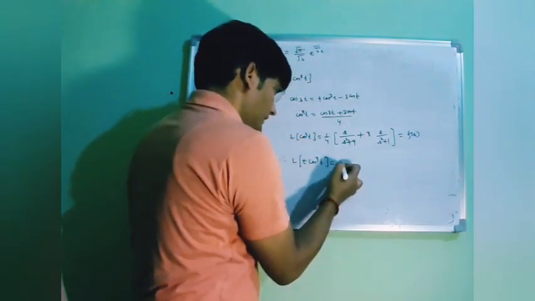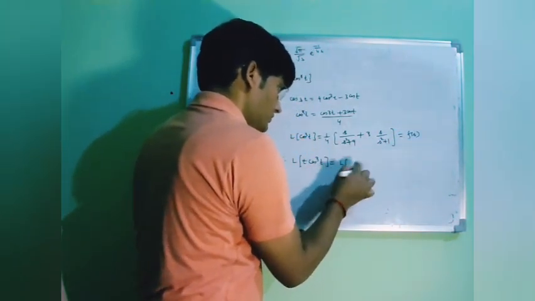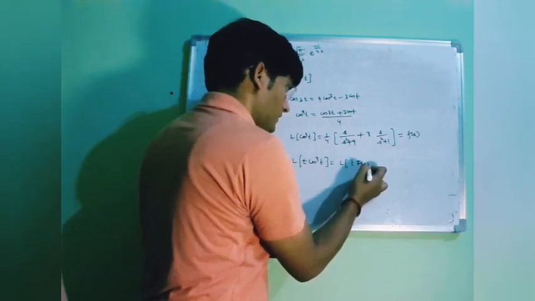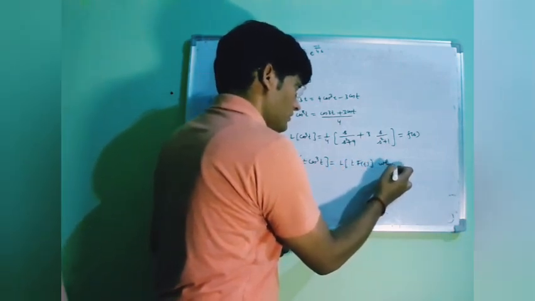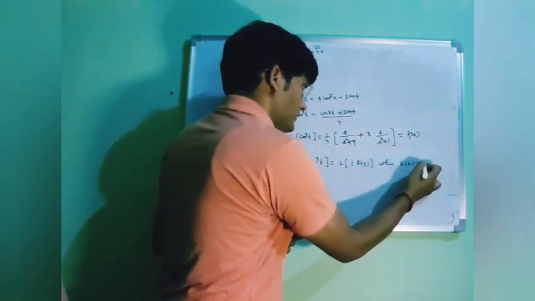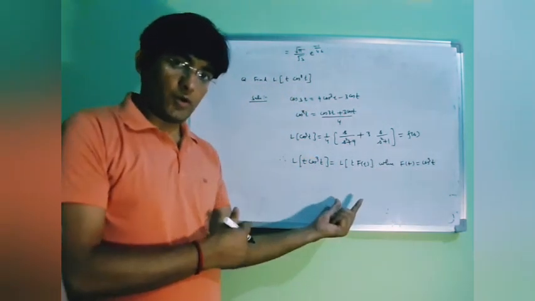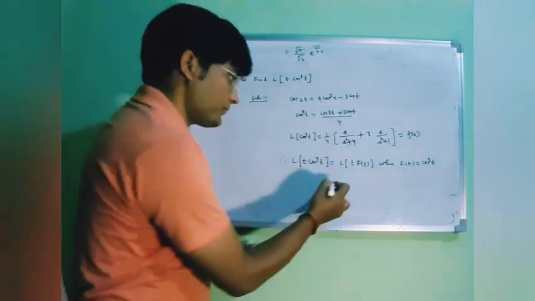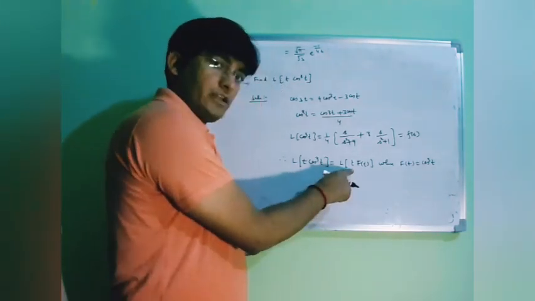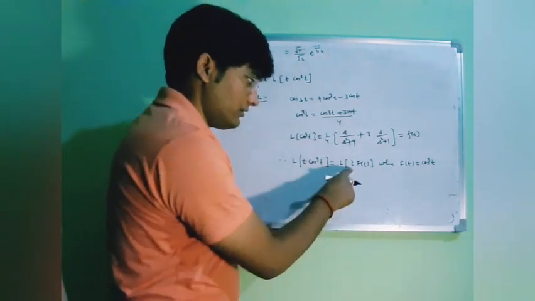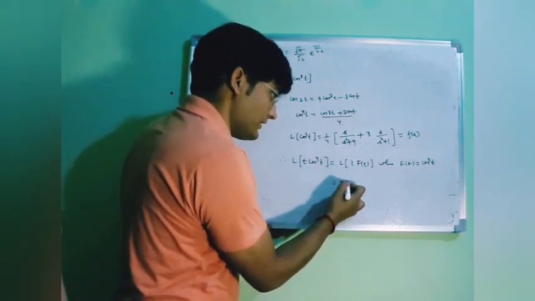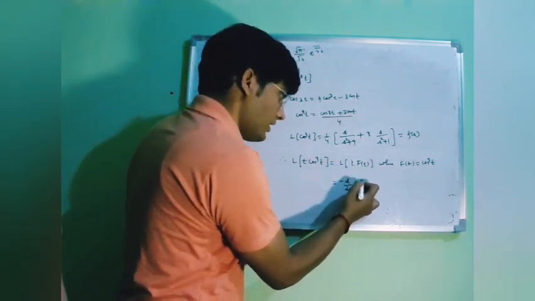So if we write it as t into ft, where ft is equal to cos cube t, then you know that the formula of Laplace t ft, we have already given the formula in the last lecture, that the Laplace of t ft equal to minus d by ds of Laplace ft.